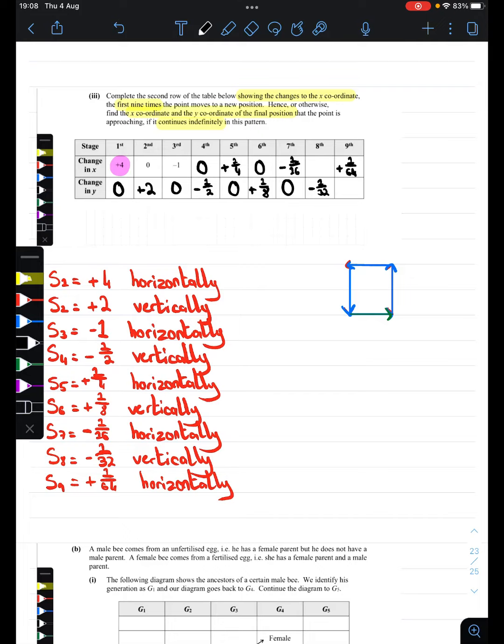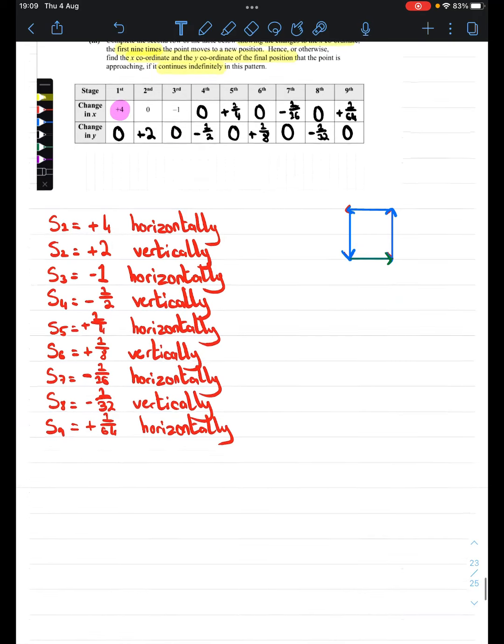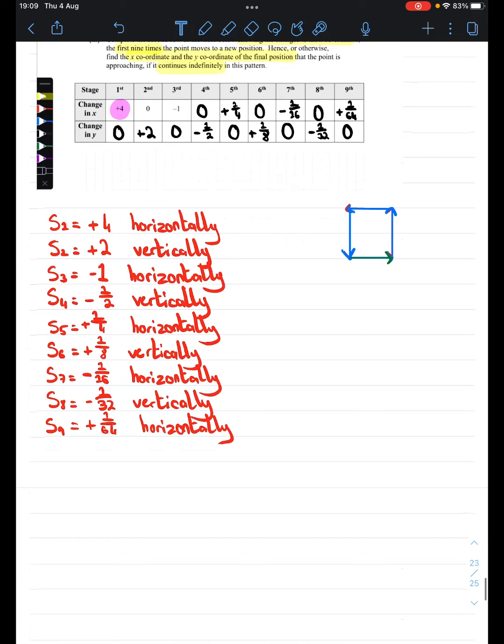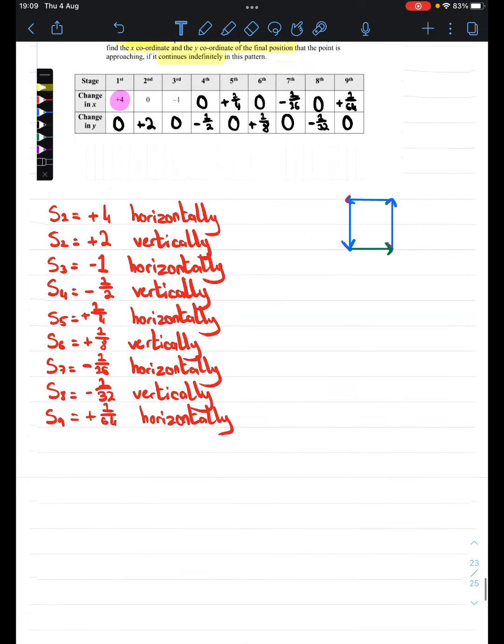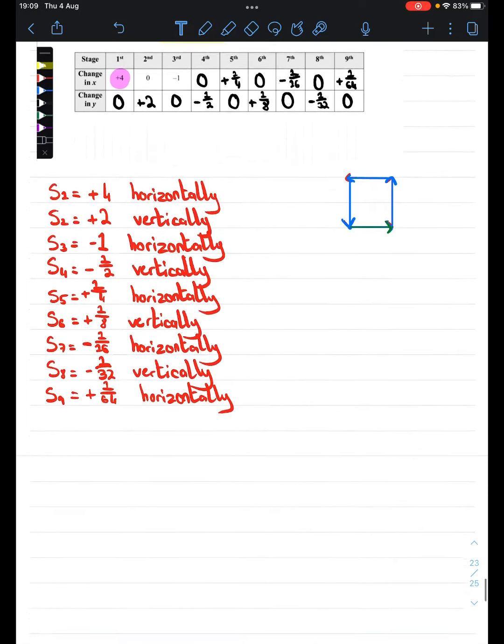So like on the first stage, he doesn't travel vertically at all. So now we want to find out the x and y coordinate of the final position.